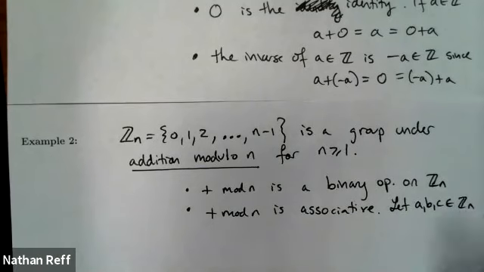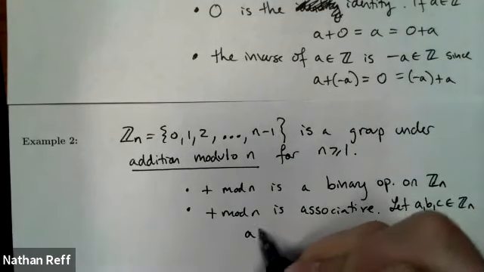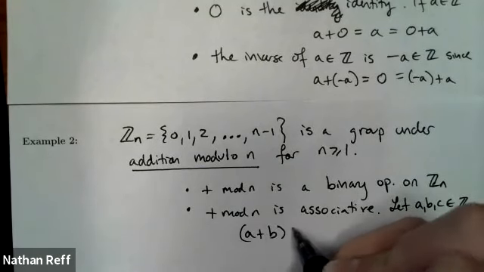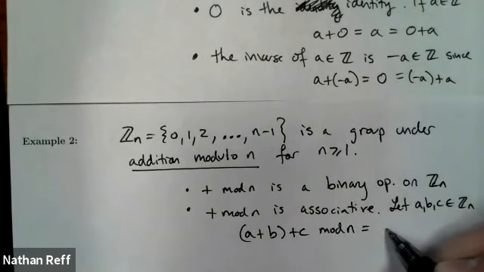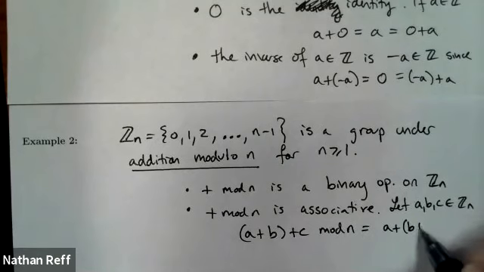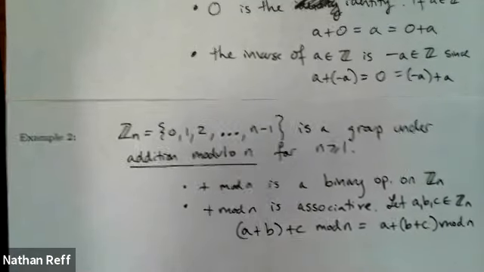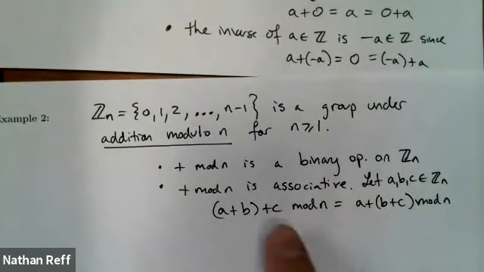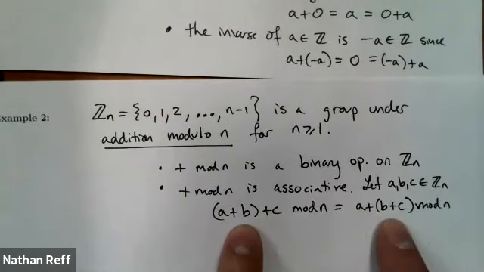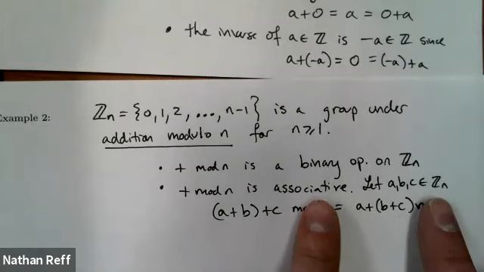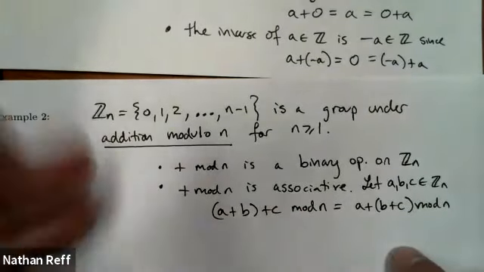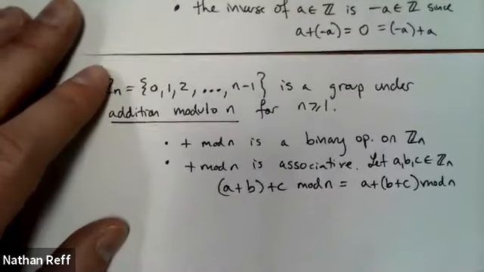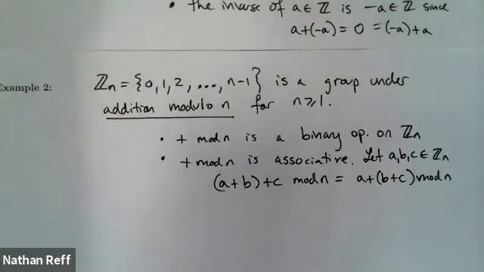If you give me 3 elements in here, (a plus b) plus c modulo n is the same as a plus (b plus c) modulo n. The reason that these would be equal is actually because addition of the integers without the modulo n is associative. So it's actually a property that's inherited from sort of a larger collection.